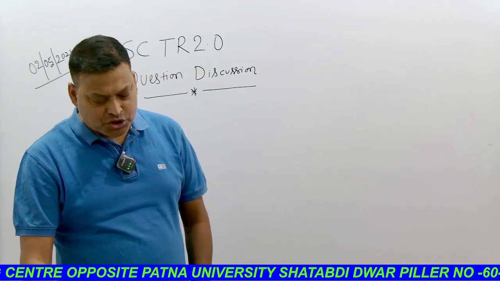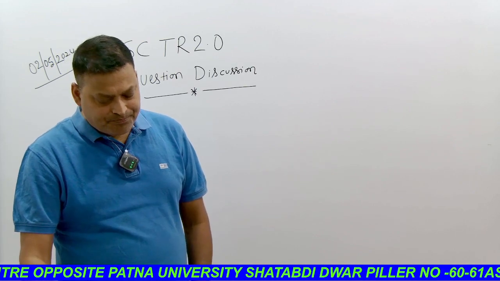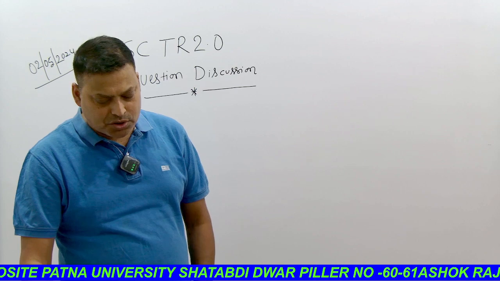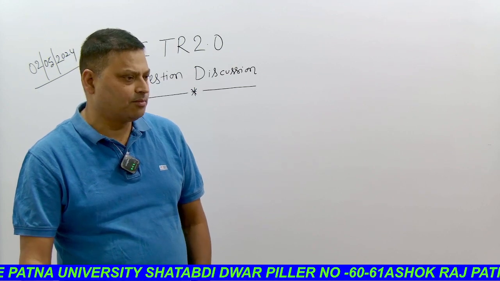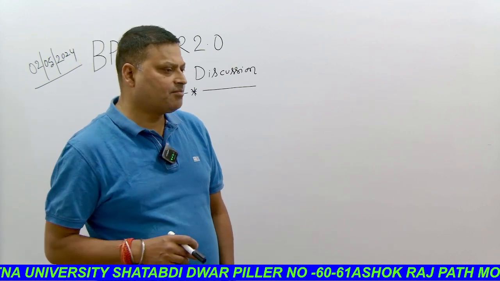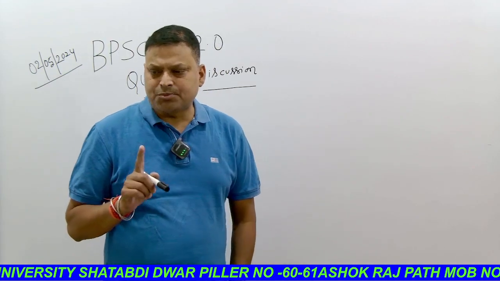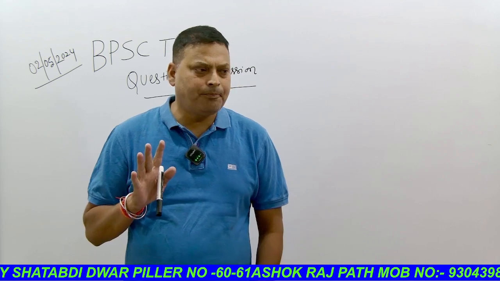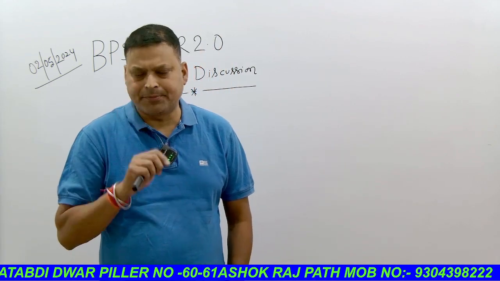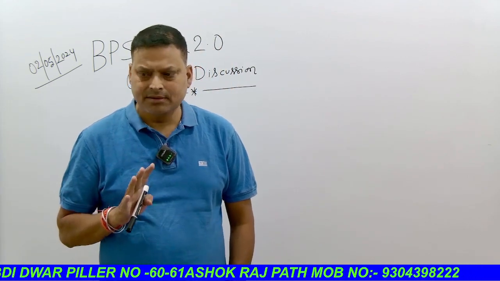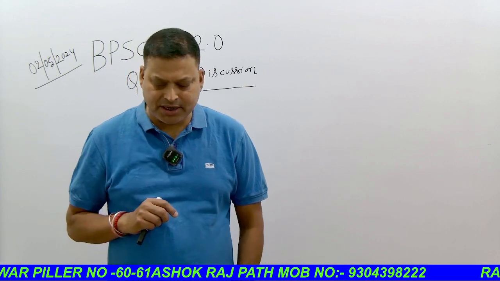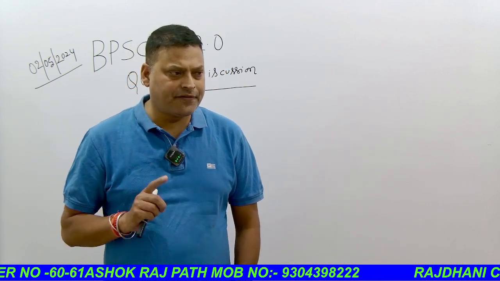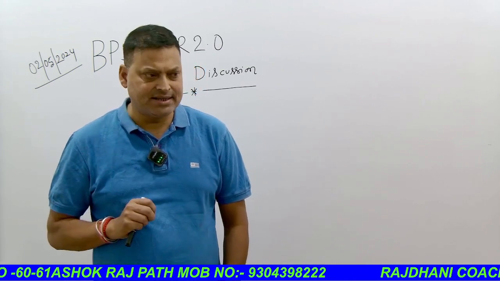So the next question is: which concept of C++ is used to reuse the written code? Just a minute. C++ is based upon OOPS, and OOPS is basically based upon four principles: data encapsulation, data abstraction, polymorphism, and inheritance.